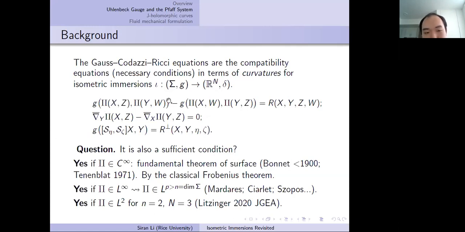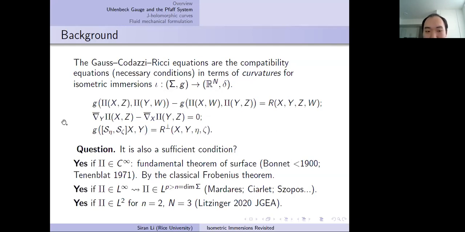So roughly speaking, these Gauss and Ricci equations are nonlinear with quadratic nonlinearity in the second fundamental form. And the Codazzi equation is linear, which takes one derivative in the second fundamental form. And for this problem, we prescribe G, equivalently the intrinsic geometry, and we are solving for II, the second fundamental form.